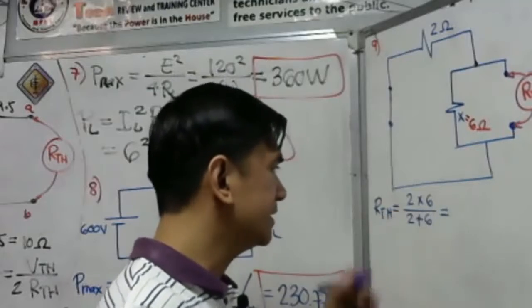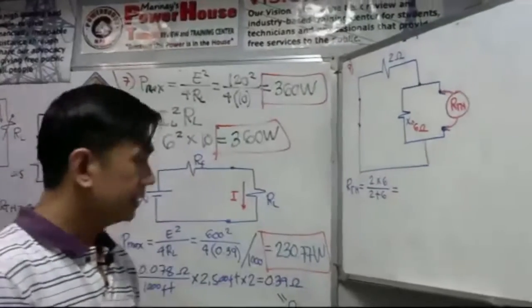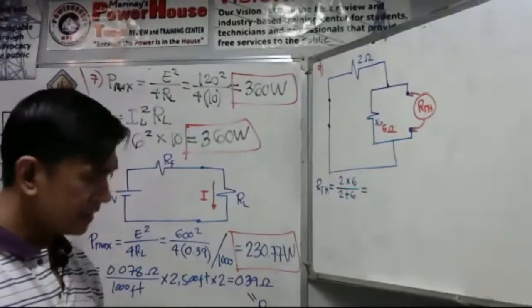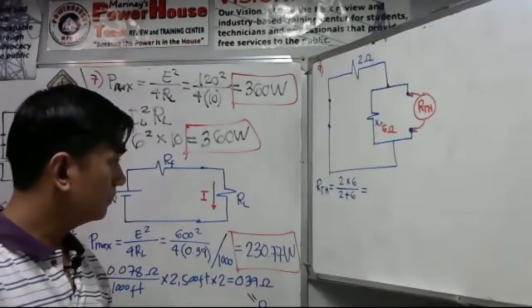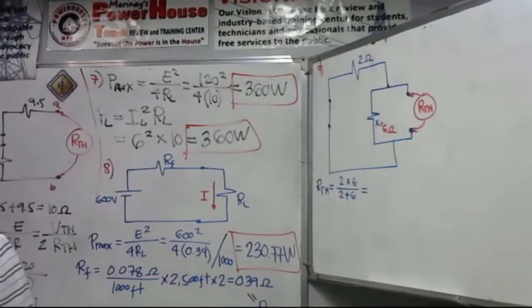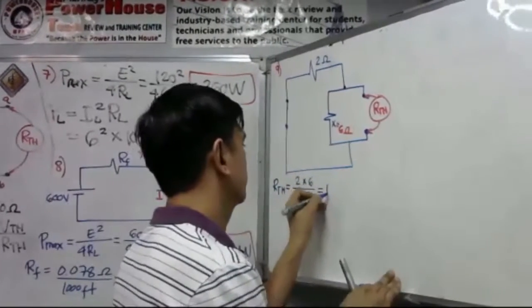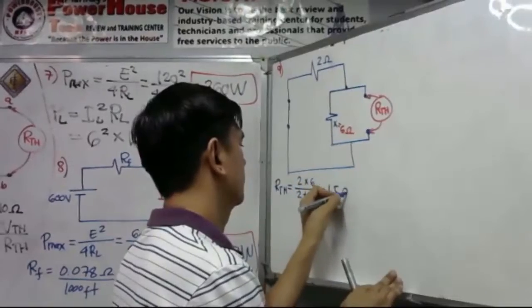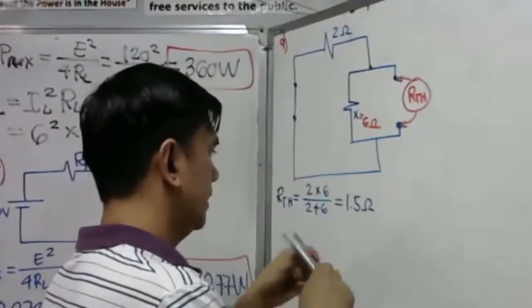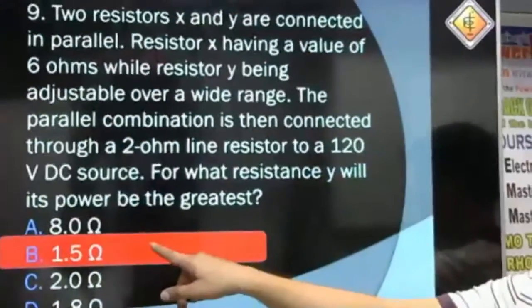So our answer would be 2 times 6 then divided by 8. The answer is 1.5 ohms. Okay, so this is our final answer and that will be letter B.